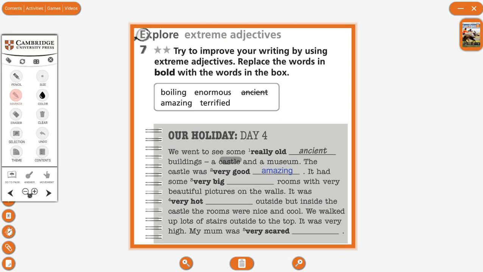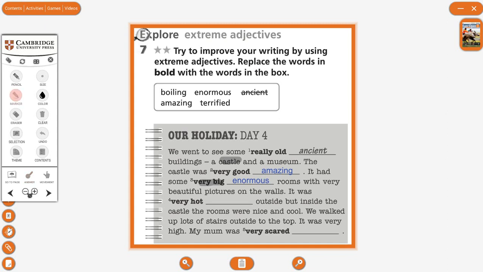And it had some very big, what we can say instead of big? Very big. Enormous. That's true. We can say enormous instead of very big. It had some enormous rooms with very beautiful pictures on the walls. It was very hot.